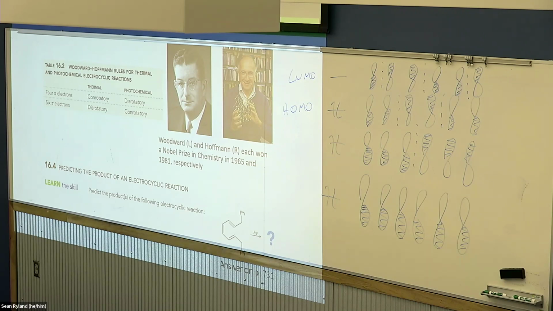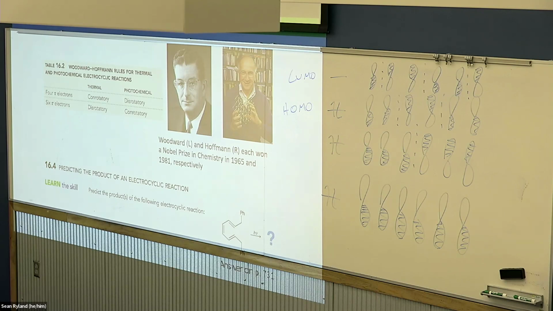So Hoffman actually shared the Nobel Prize with Kenichi Fukui because Hoffman basically used Fukui's ideas about frontier orbitals and applied them to Woodward's rules. Woodward wasn't able to explain this because he didn't have the ideas of frontier orbitals yet. So Woodward said, well, I'm observing that there's this difference between heat and light when we catalyze these electrocyclic reactions. But he couldn't fully explain it until Hoffman and Fukui did their work to kind of close the circle.